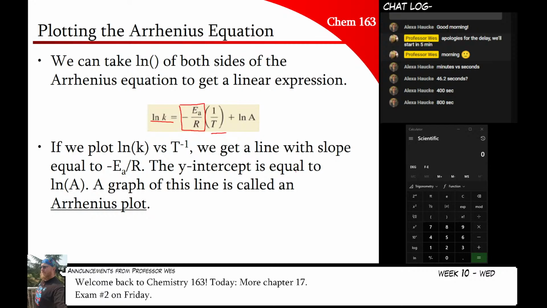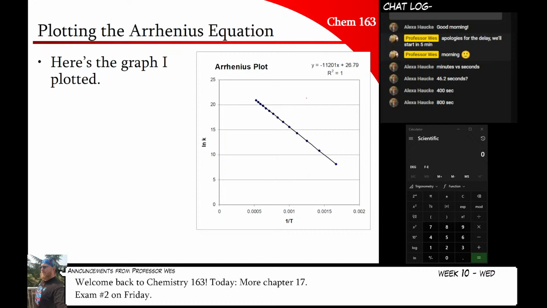So if I was doing a reaction and I wanted to figure out what the activation energy was, I would just look at the slope. And I know that that slope, negative 11,201, would equal minus Ea over R. So I could just multiply this number by R, and that'd give my activation energy in joules per mole.